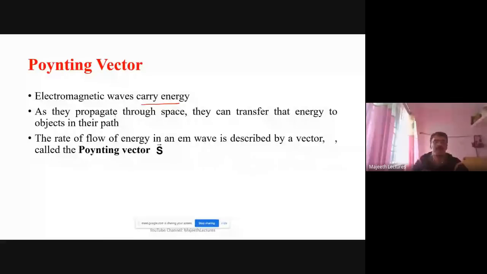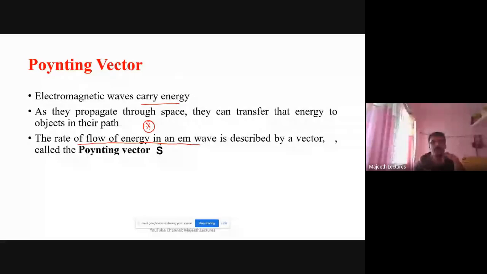The next thing this Poynting vector states is, when a wave propagates through any space, it transfers energy to objects in its path. This is another important point we learn from Poynting vector. So what Poynting vector defines is the rate of flow of energy in an EM wave.